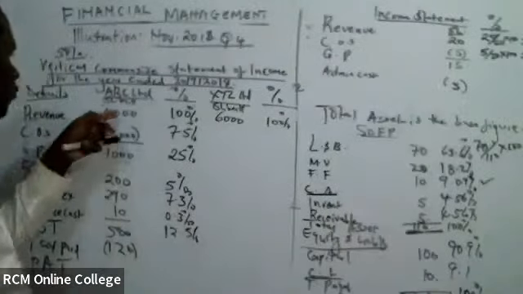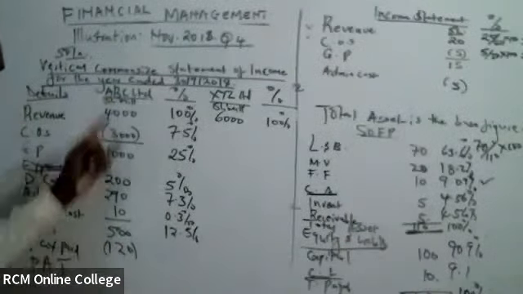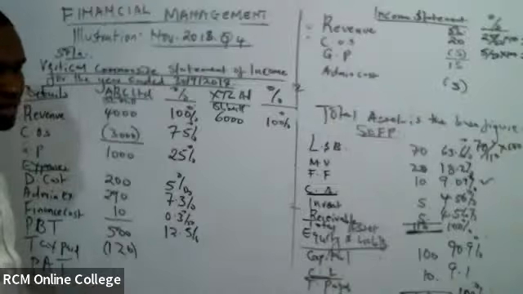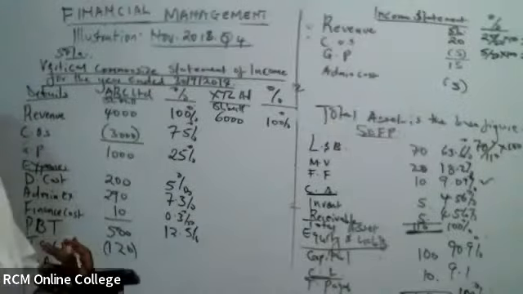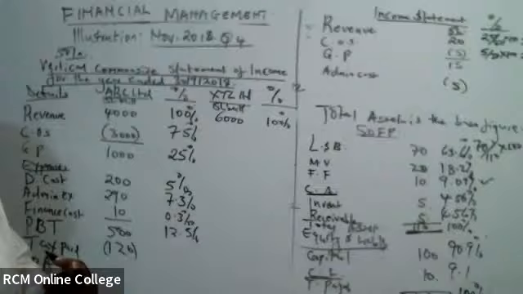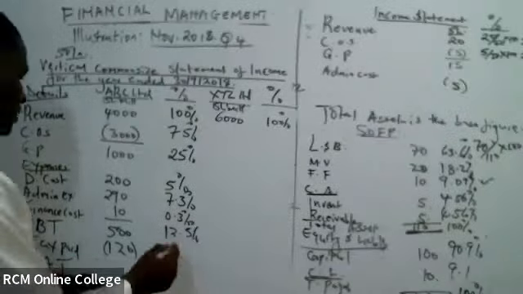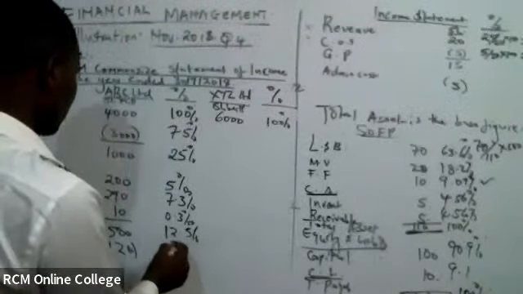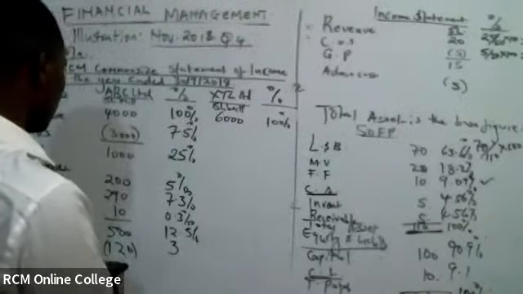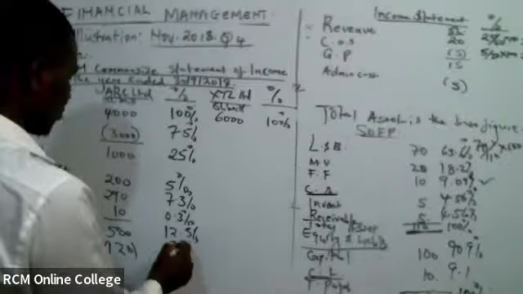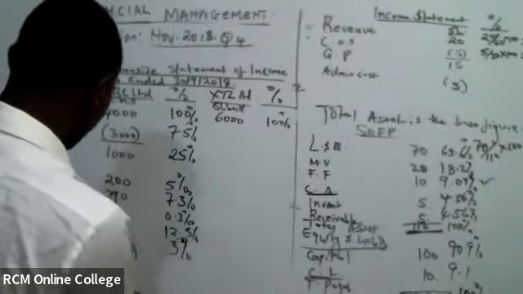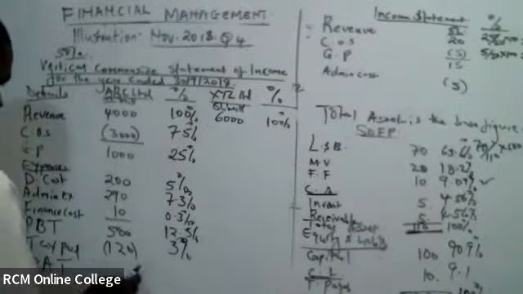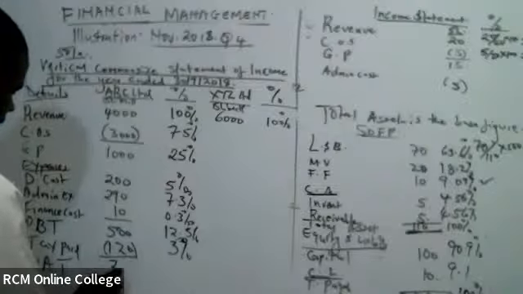120 divided by 4,000. Always remember to refer to the sales under vertical analysis. Please, under vertical analysis, always remember to refer to the sales. This is 3%. And then we get the profit after tax, here we get 380.